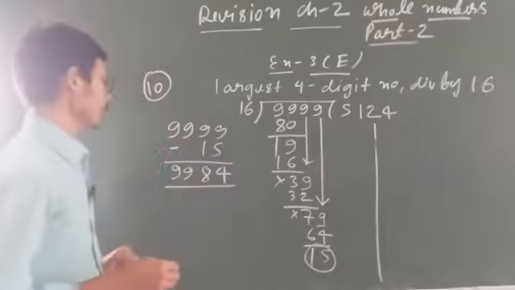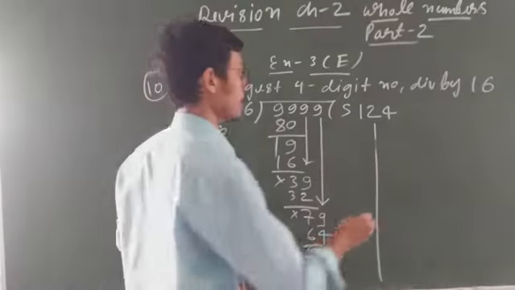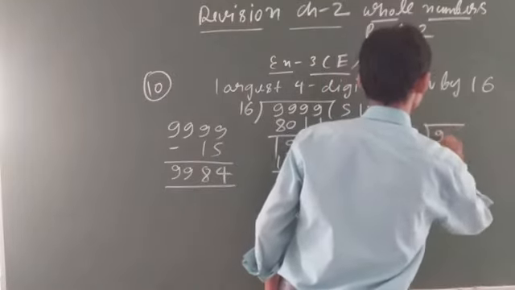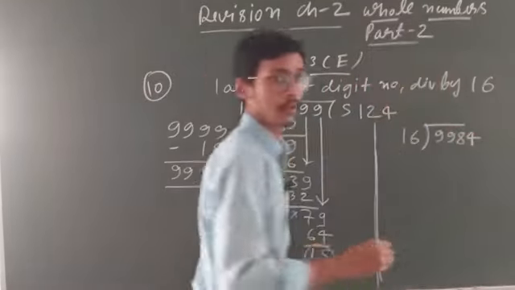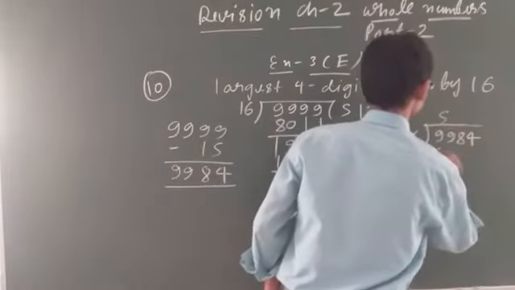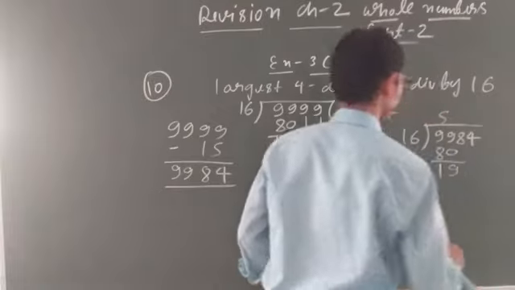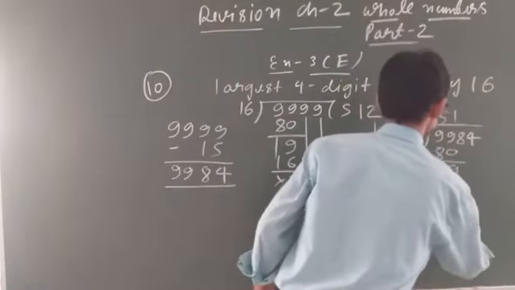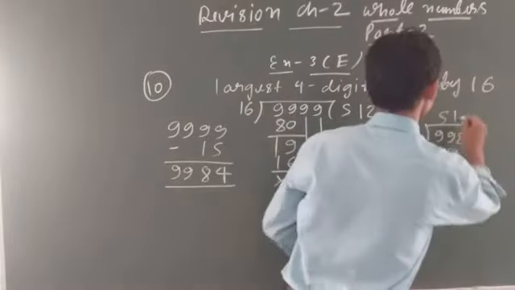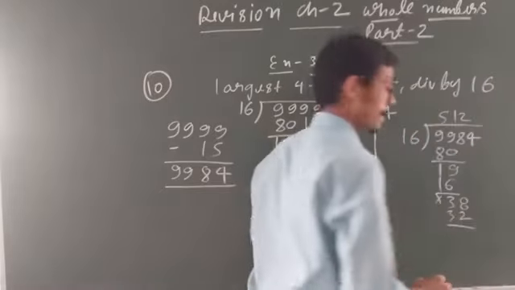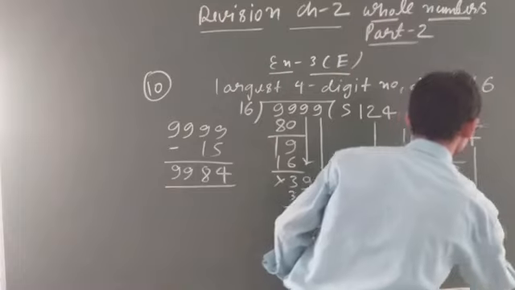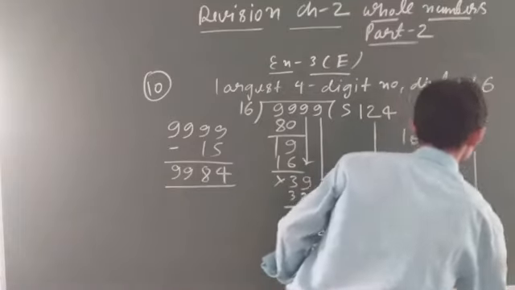Now if you want to check whether this is divisible or not, I am checking here. 16 into 9984. 16 5s are 80, write down 80, 99 minus 80 leaves 19. 16 1 is 16, 9 minus 6 is 3, 1 minus 1 is 0. Then 8 comes down, 16 2s are 32, 8 minus 2 is 6, 3 minus 3 is 0. Then 4 comes down, and 16 4s are 64.